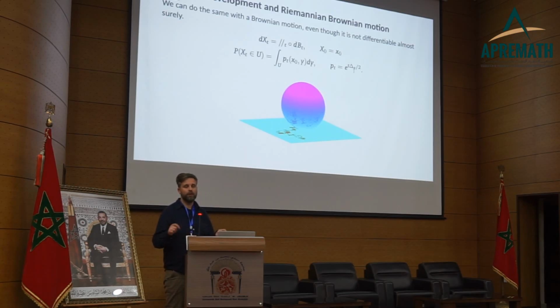So if you solve the heat equation with 1/2 of the Laplacian with initial point x0, that actually gives you the probability of where this is at any given time.